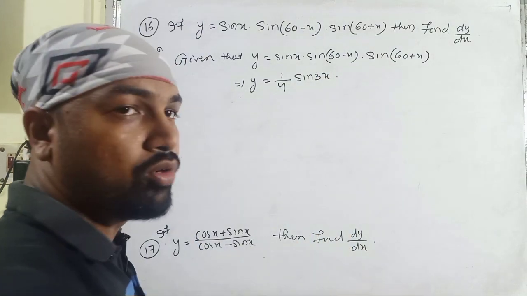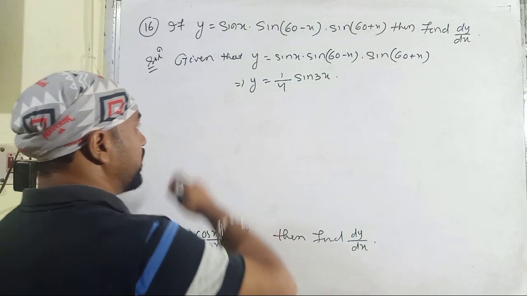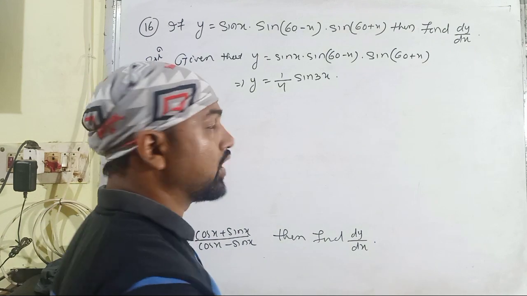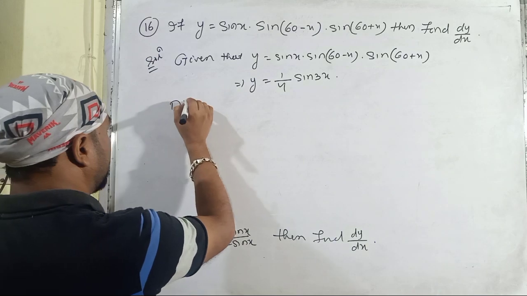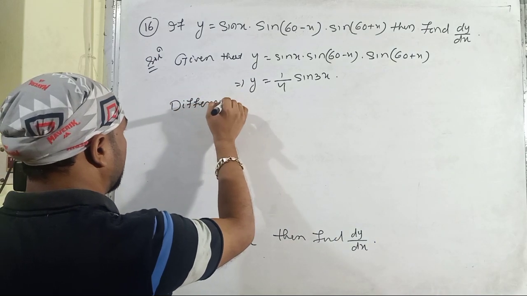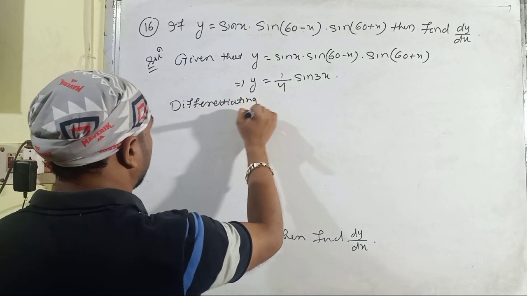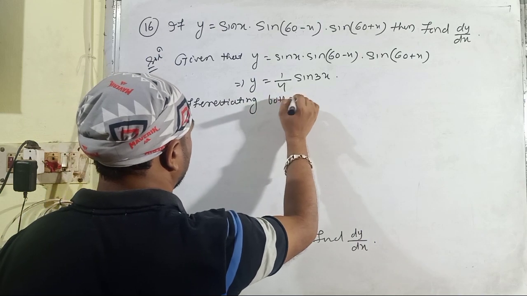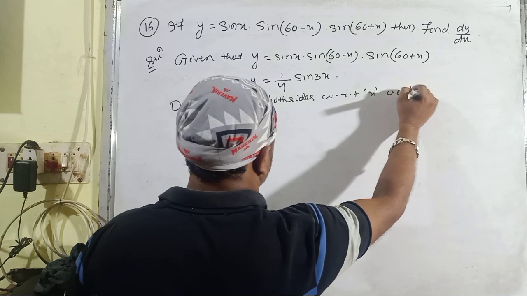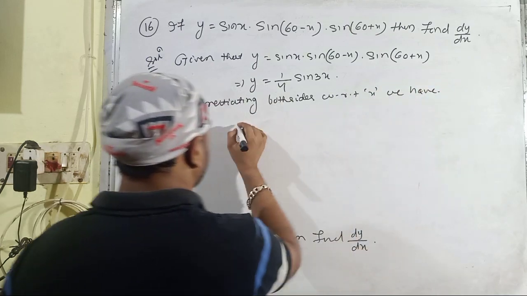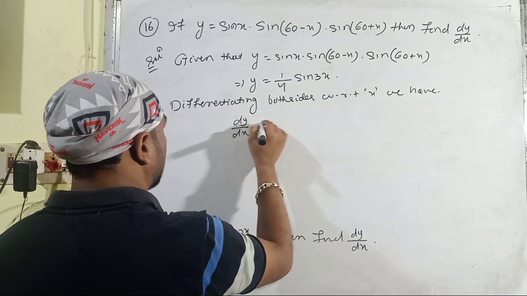It is the genuine trigonometric formula that you have already studied in your 11th class. Then differentiating both sides with respect to x, we have, so just let us differentiate both sides here.